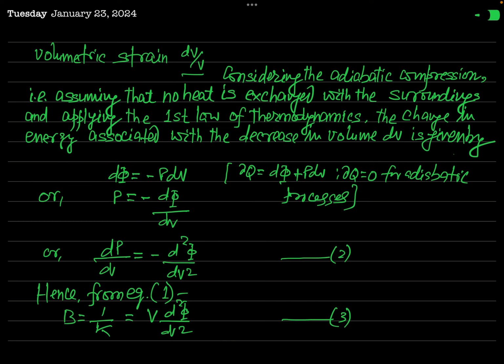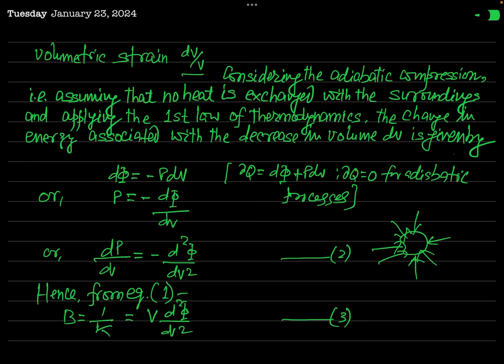Now we consider that our system, that is our crystal, is suffering adiabatic compression. It means you apply a compressive force on the specimen, just like this. As you can see in this figure, the system, that is our crystal, is compressed, and this compression is adiabatic. When you say that the system suffers adiabatic compression, what does it mean?